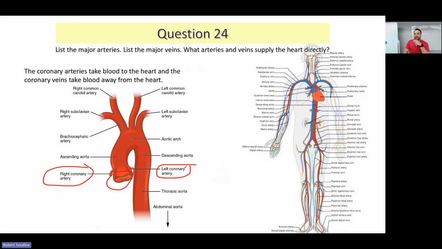But the coronary arteries are the main arteries that branch directly off of the aorta to take blood to the heart itself, because the heart is muscular tissue and various other tissues. It needs blood supply as well. So the coronary arteries are the blood vessels responsible for supplying the heart itself with blood.